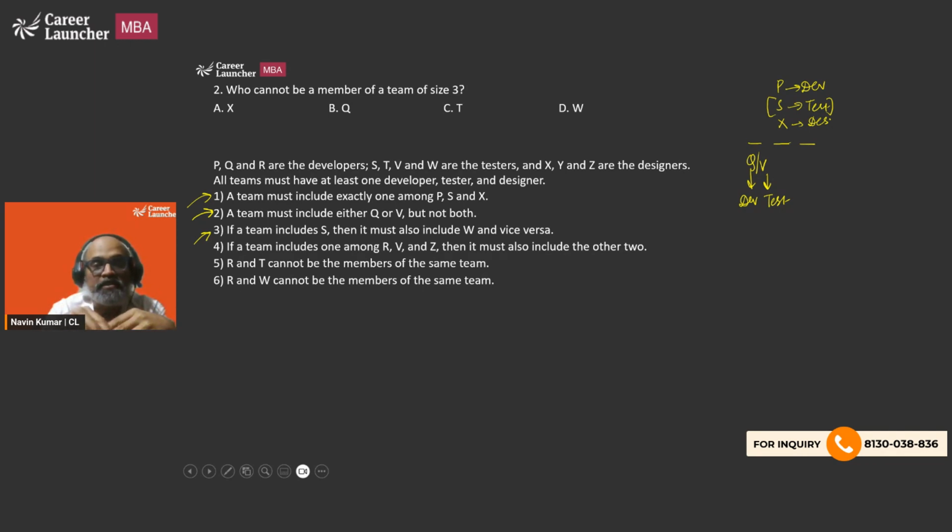So if there are two testers, the third position will be taken by either developer or designer, and then one of the categories won't be accepted. So S cannot come here. That means W cannot come here, which also means if W cannot come here, S cannot come here. So we can see that option D, that is W, is not a possible person who can be added to the group of three members.